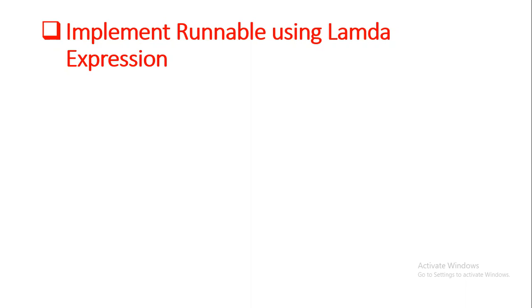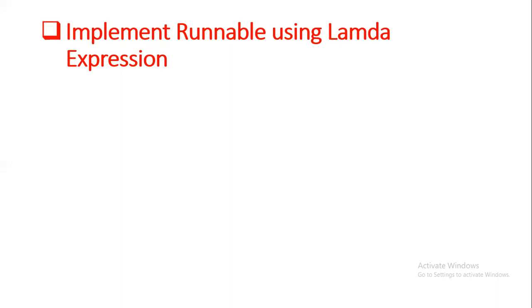Runnable was not introduced in Java 8, it was there in previous versions too. But it has only one abstract method, that's why we call it a functional interface.